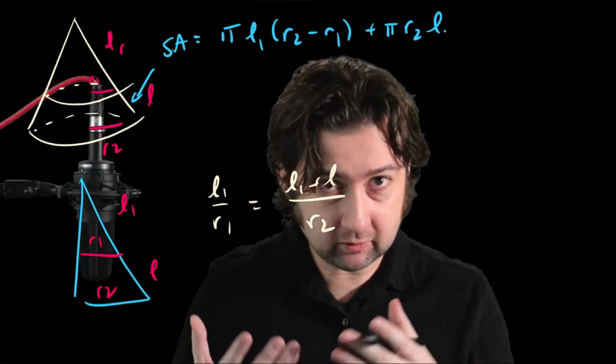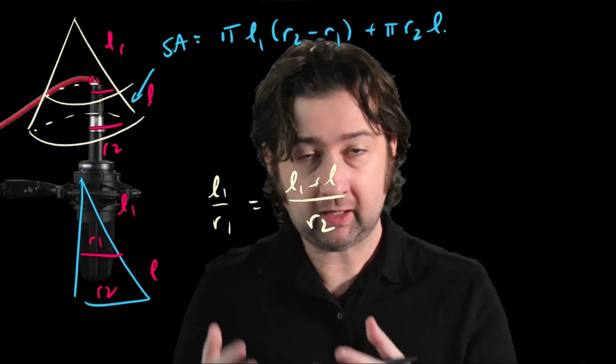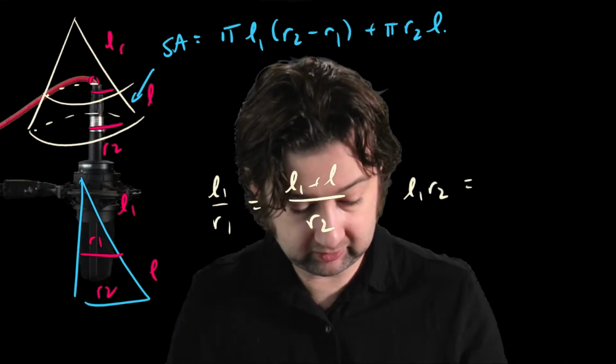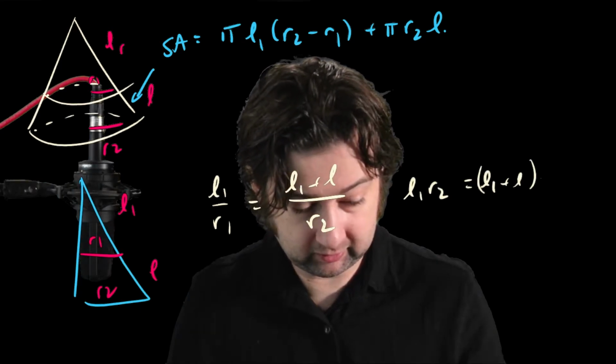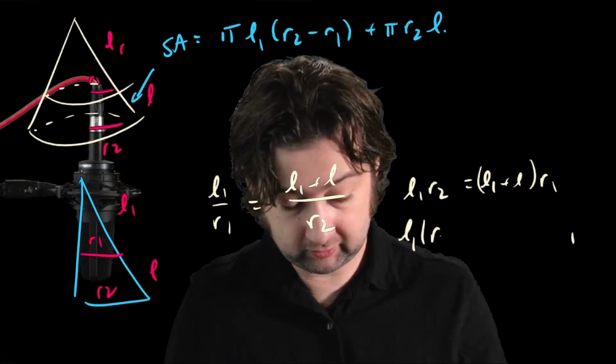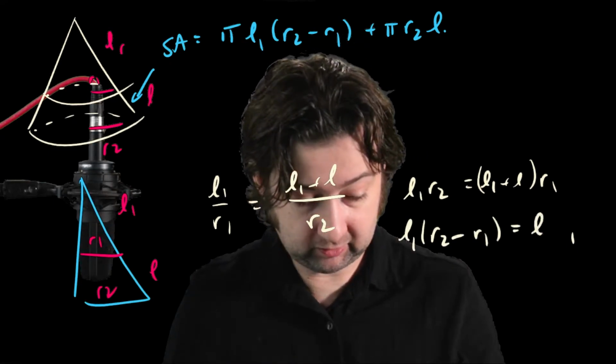So using that standard similar triangles type of setup, I get this proportion. If I cross multiply, I get L1 R2 is equal to (L1 plus L) R1. Now rearranging this formula, we're going to get L1 (R2 minus R1) is equal to L R1.